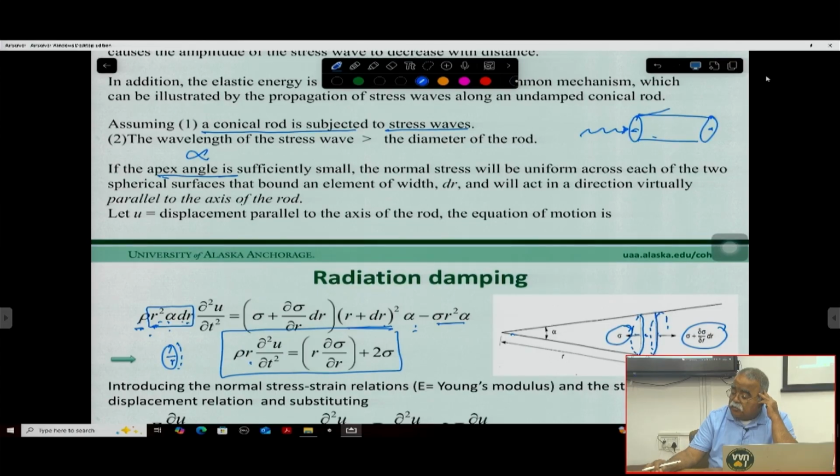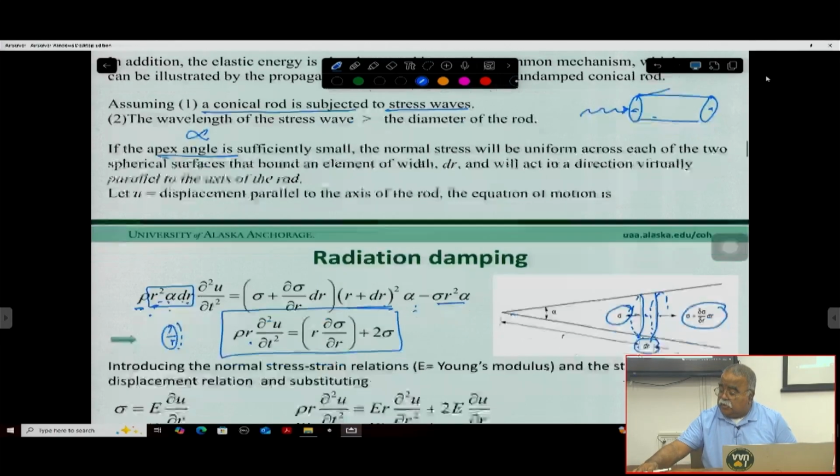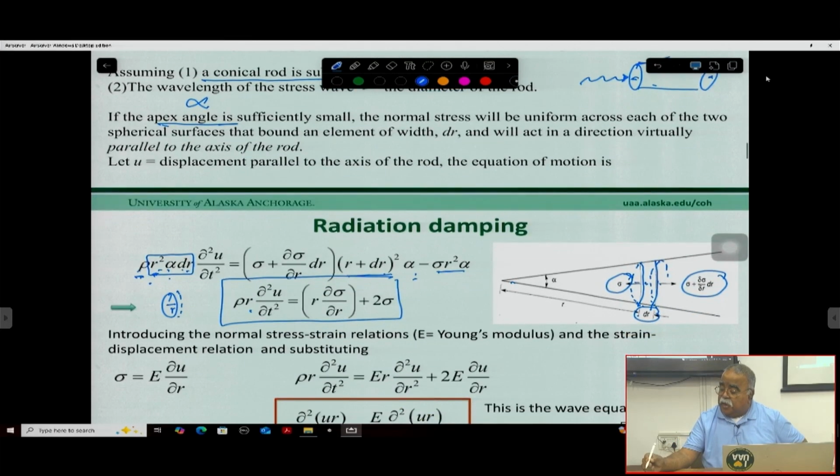So then that will be basically the radiation damping, right? If you know that normal stress over strain is equal to the Young modulus, then in this case sigma equals E into du/dr, because the Young modulus is equal to longitudinal stress by longitudinal strain.